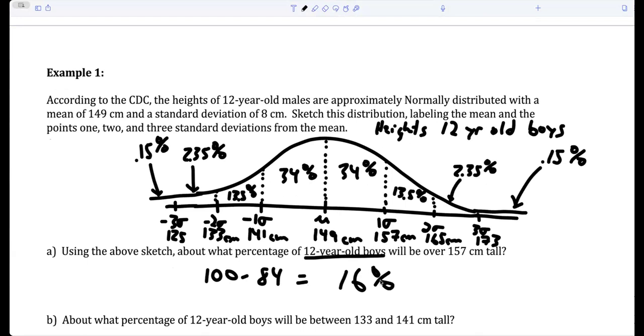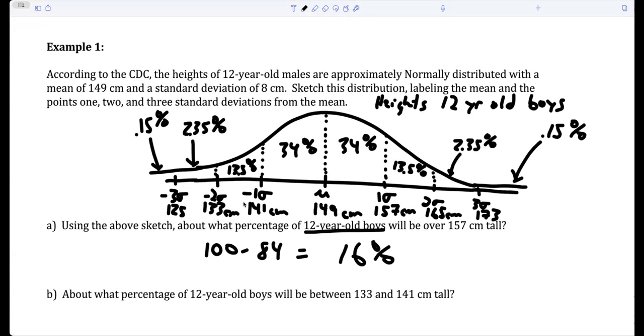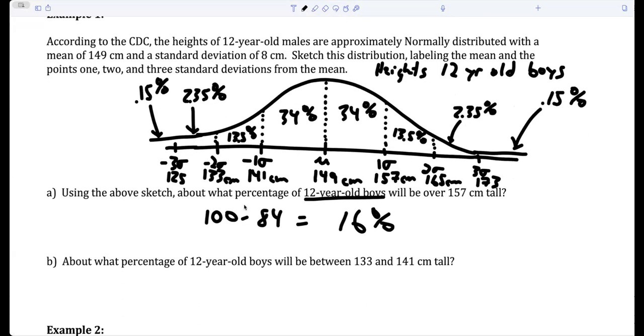And about what percentage of 12-year-old boys will be between 133 and 144? I labeled that right there, and it's 13.5%. So there's about 13.5% between -2 standard deviations and -1 standard deviation of the mean.